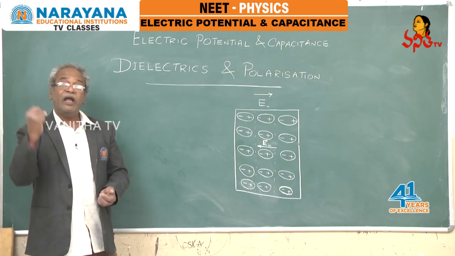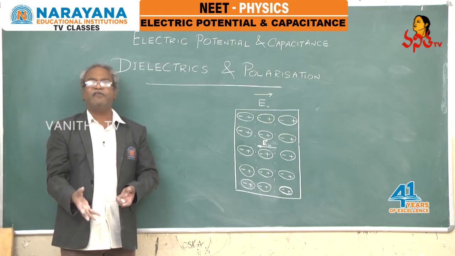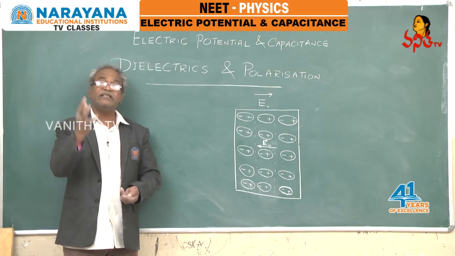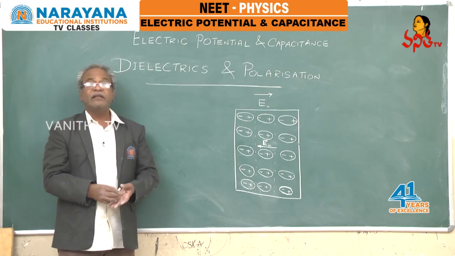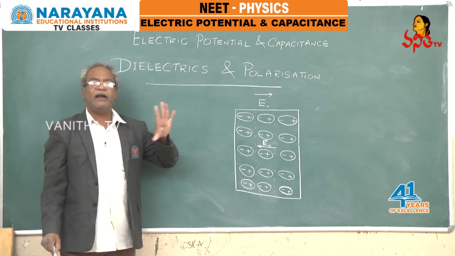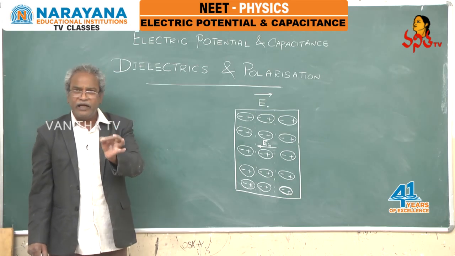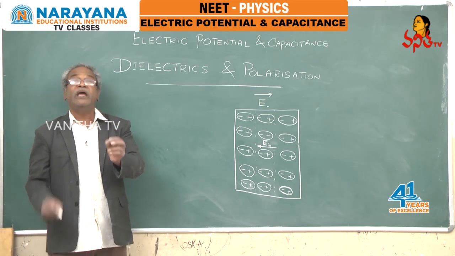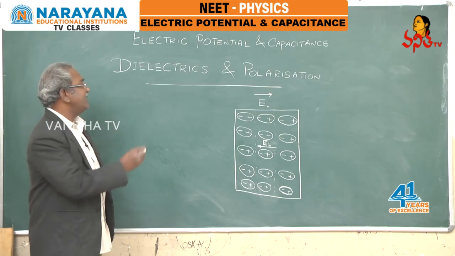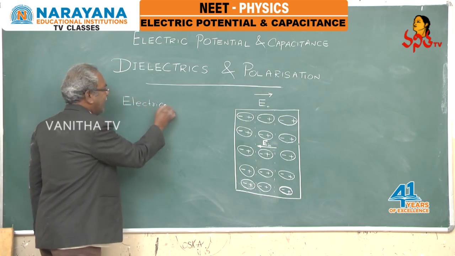But definitely, when a dielectric medium is placed in an external electric field, a net dipole moment will be induced inside it. The net dipole moment induced inside a dielectric medium per unit volume is called electric polarization.